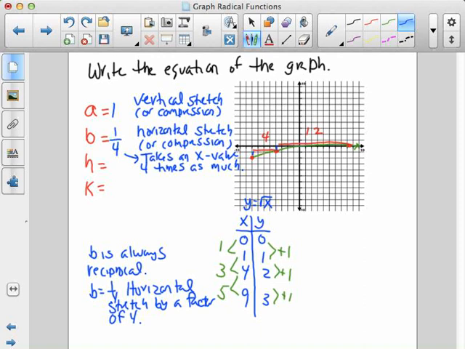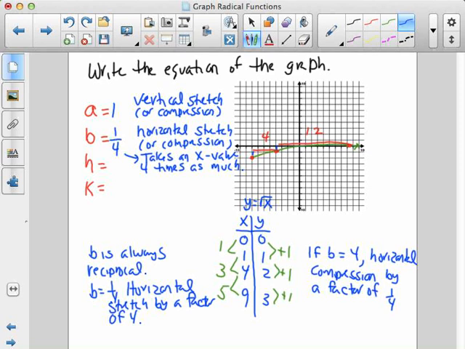If B is 4, it's a horizontal compression by a factor of 1/4. All right, so it's just the reciprocal for B.